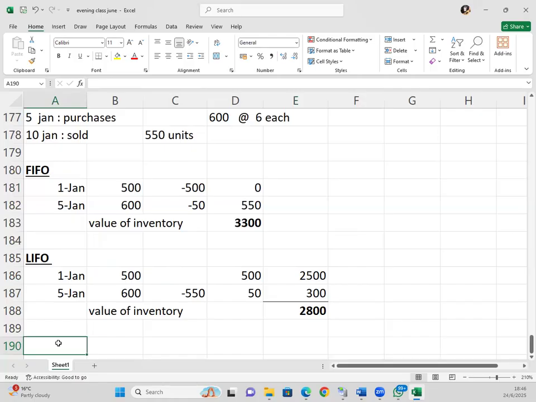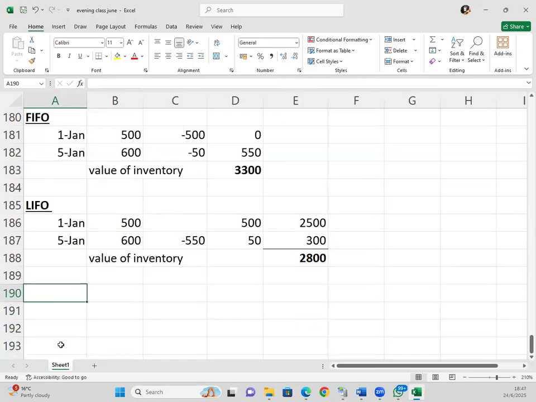So in such an environment, we might say, let's just work with an average price. We bought 500 and 600, so altogether we bought 1,100. Then we sold 550, so we are left with 550. But the value of those units, we just come up with an average cost. That is AFCO, which uses the average cost.